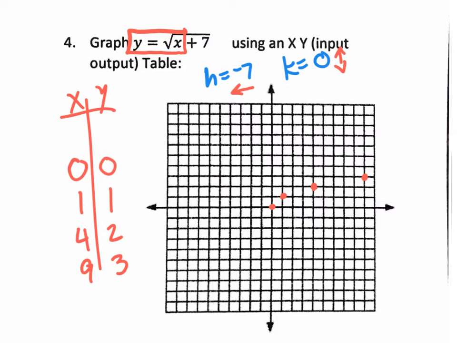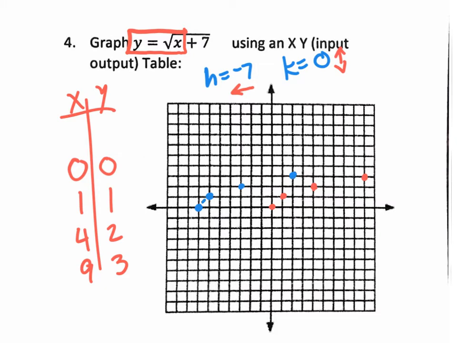So I want to put the shifted one, the final one, in blue. And if you shift the other one from here, it'll be over here, 7 units. And the other one will be right there, 7 units. And this one is 1, 2, 3, 4, 5, 6, 7 right there.